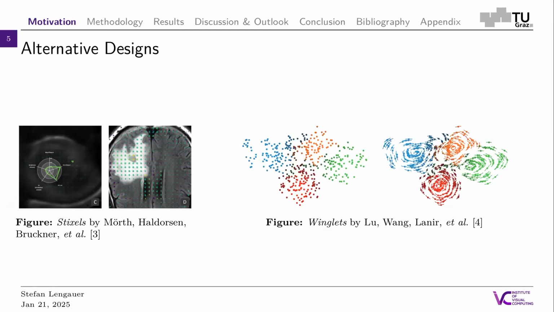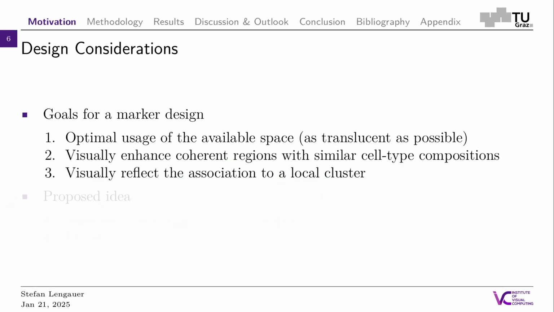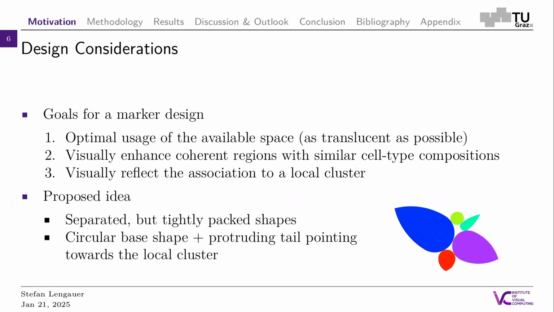Right. If we go back to this slide, I would say without much further ado, I will pitch our proposed idea. So basically our idea is to use separated yet tightly packed shapes, one for each class, which reflect the cell type.